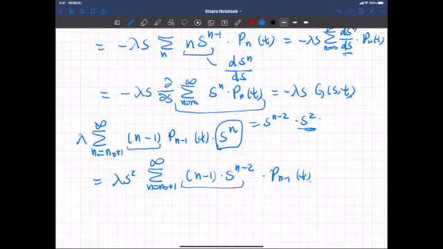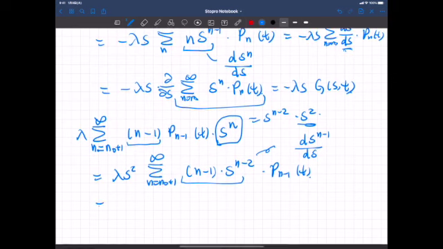And again, this term is this s to the power of n minus 1 differentiated with respect to s. So that is lambda s squared, and move the differential operator outside of the summation.